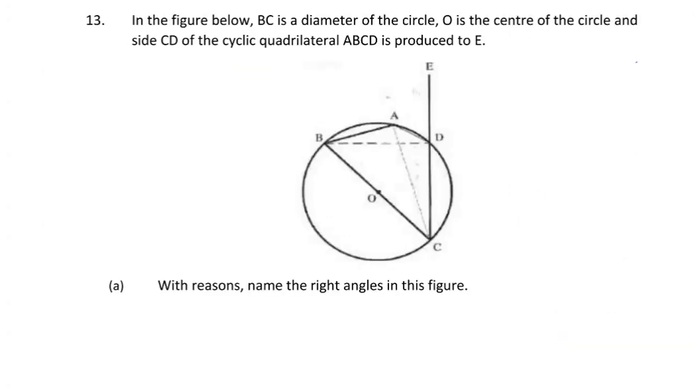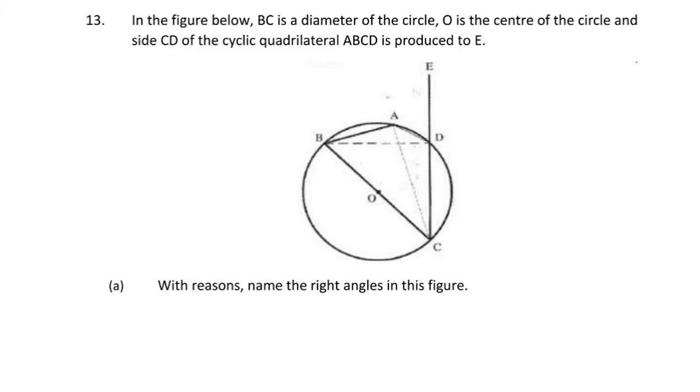Question number 13. In the figure below, BC is the diameter of the circle, O is the center of the circle, and side CD of the cyclic quadrilateral ABCD is produced to E. Part A, with reasons, name the right angles in this figure.